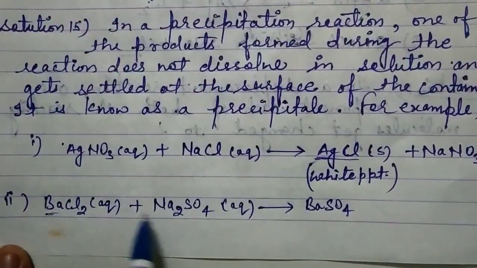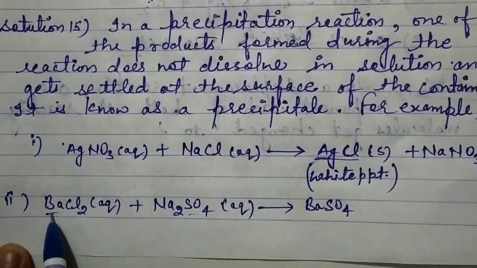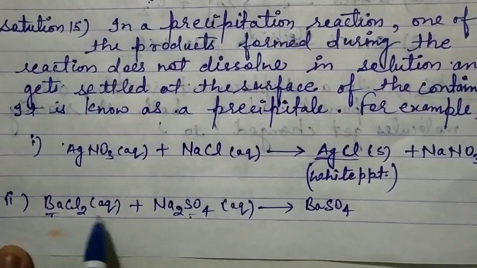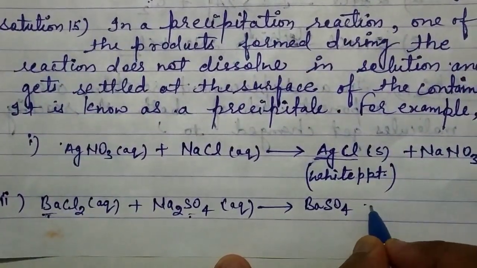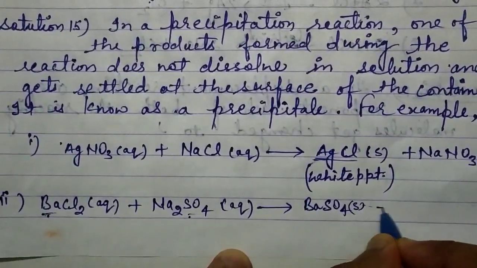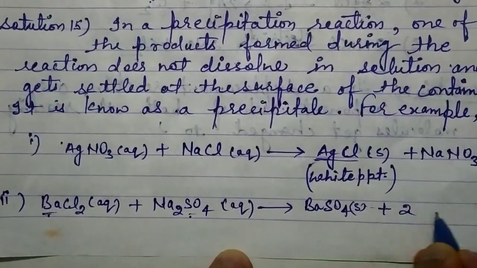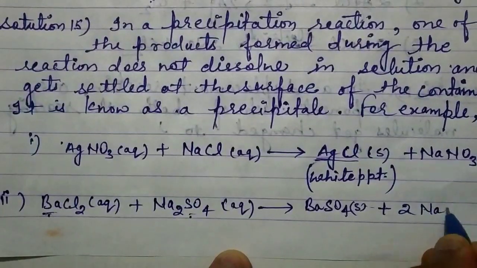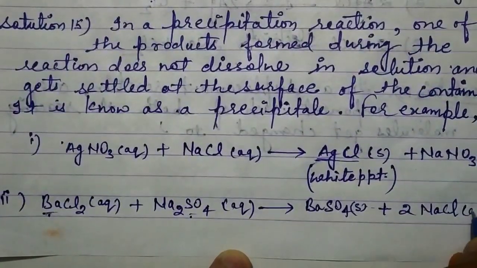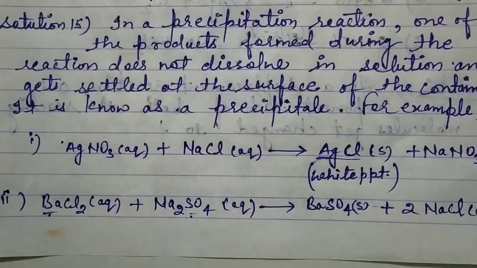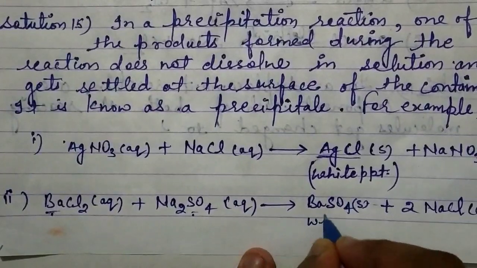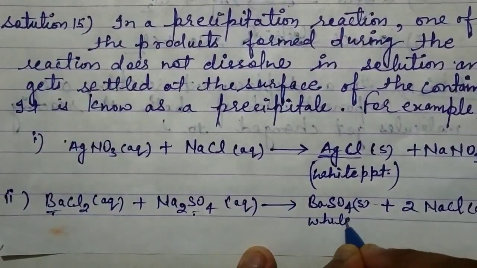This barium reacts with this sulfate ion and NaCl is added, and it gives a solid, 2 NaCl, a salt, aqueous. So here BaSO4, barium sulfate, is formed as a white PPT. Mostly a white PPT is formed in these cases.